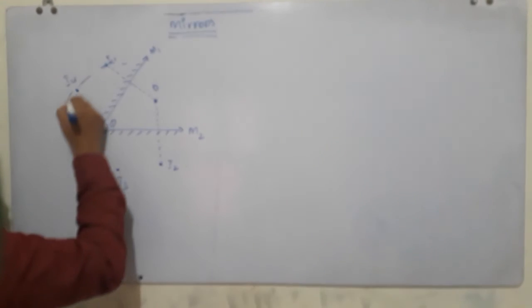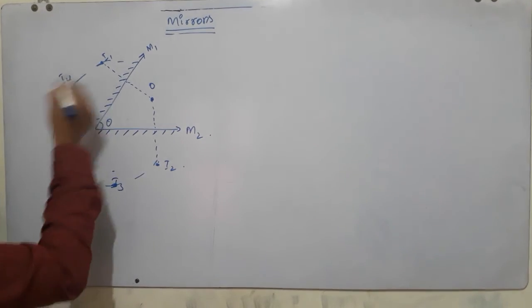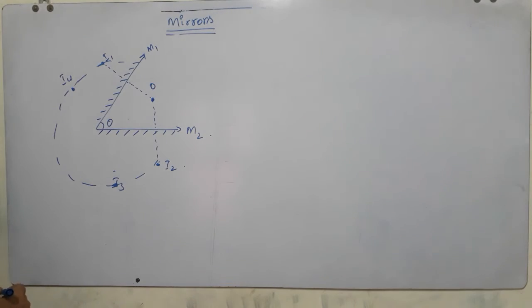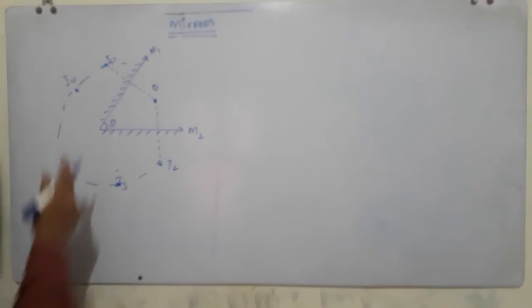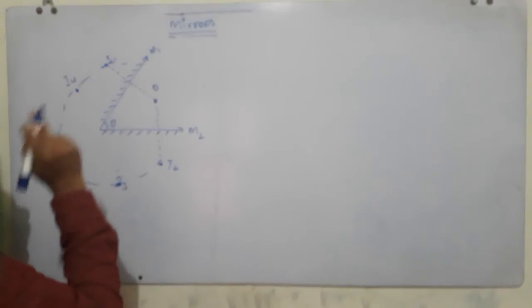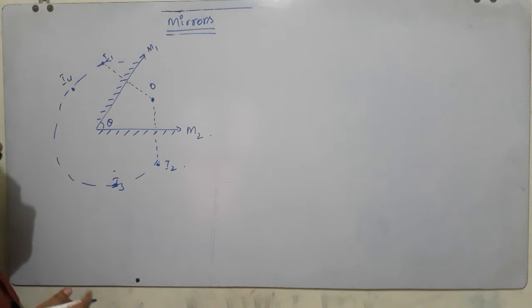In a circle, you will observe so many mirrors, and here, how many images are formed by the combination of these two mirrors? The number of images depends on the inclination between the two mirrors.